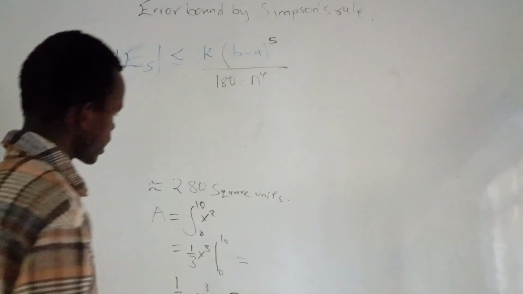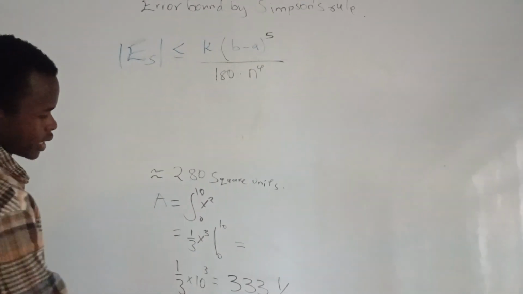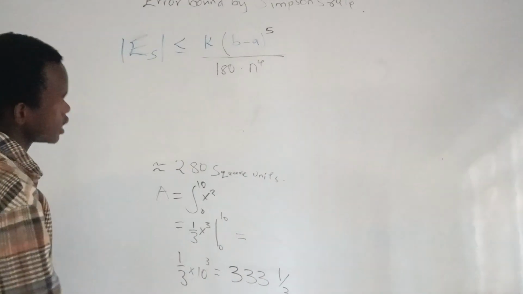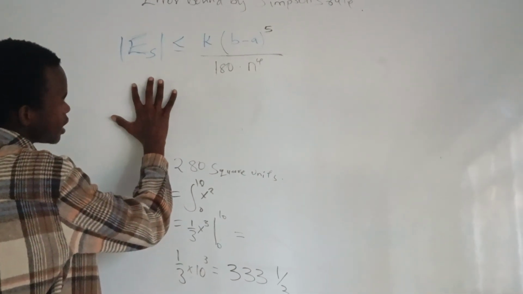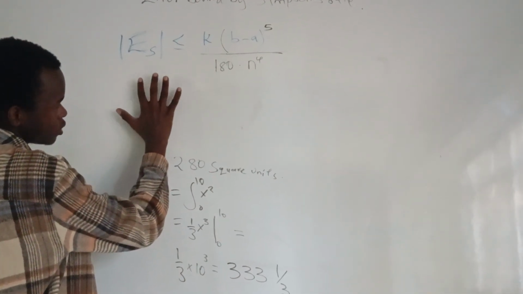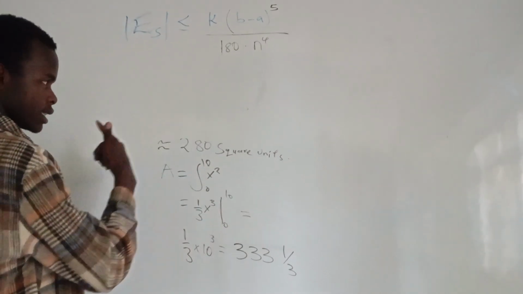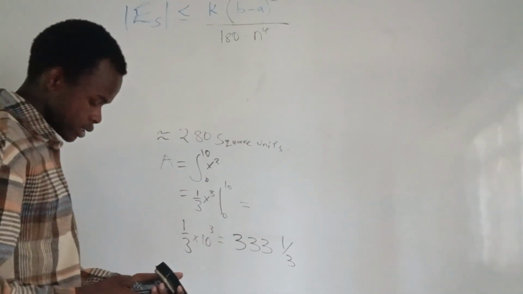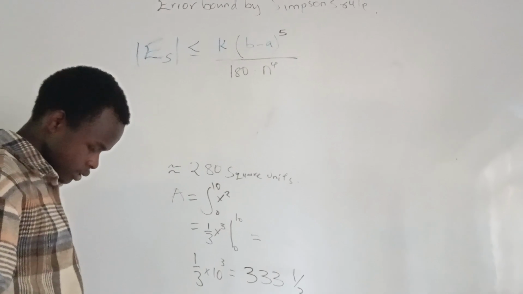So we got 280, so let's calculate the error that we have created. Let's calculate the area at first, then we'll calculate the maximum error, or the upper bound error that we are allowed to find. The error we have created must be less than what we get here. So the error will be this minus 280.